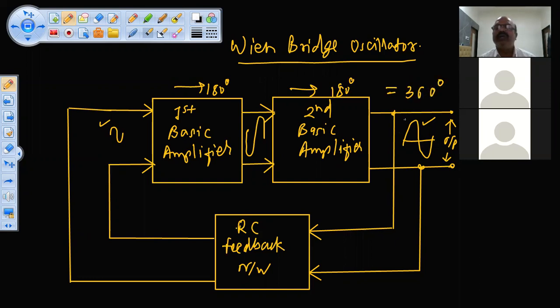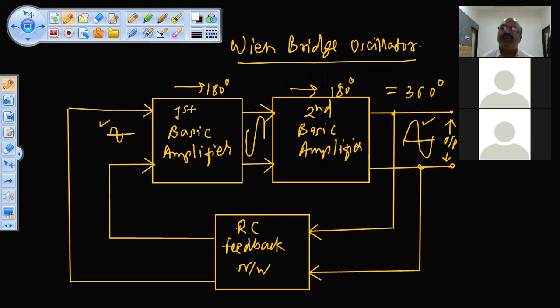There is no need of any extra phase shift, because the feedback signal should be in phase with the input signal. Already we have provided 360 degrees, which means it is the original signal, in the same phase. So you just need to feed only a fraction of the output signal back to the input without any phase shift. So this RC feedback network is not a phase shifting network.